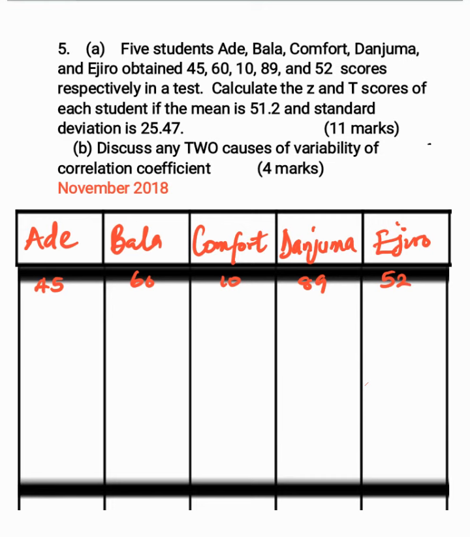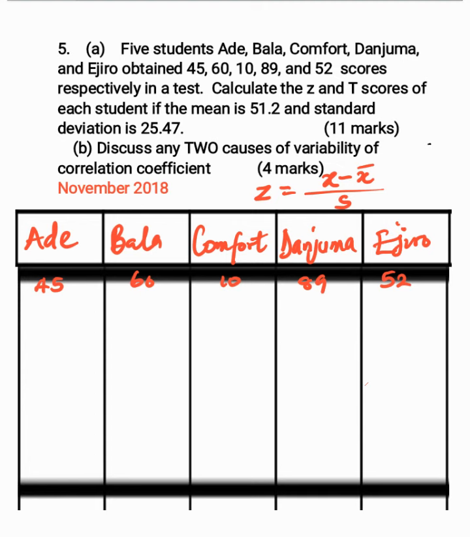Now recall the formula for calculating the z-score. We are going to calculate the z-score using that formula, which is the z-score is equal to the raw score minus the mean of the sample given to us over the standard deviation S. So for each of these, we're going to use this formula and then get their z-scores.